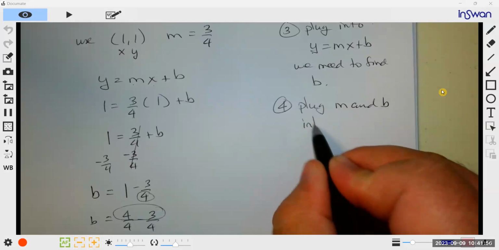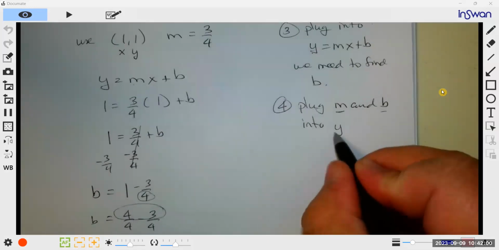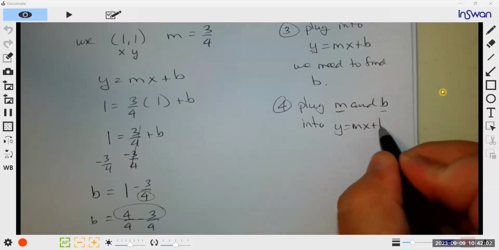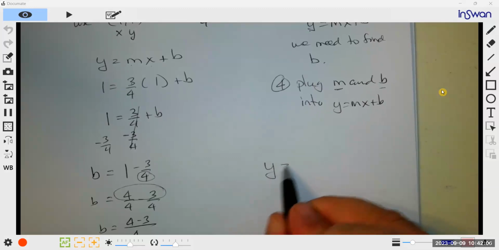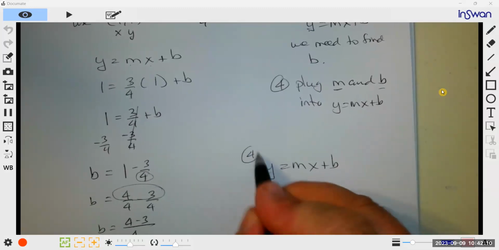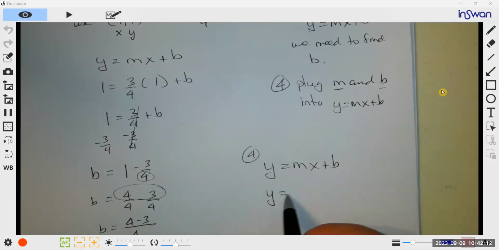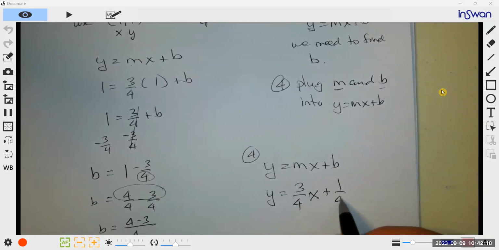Then all you do is plug the m and the b you just found into y equals mx plus b. This is step 4. So y equals 3/4 x plus 1/4. You have to leave x and y because that is for all the other points. There's your equation.